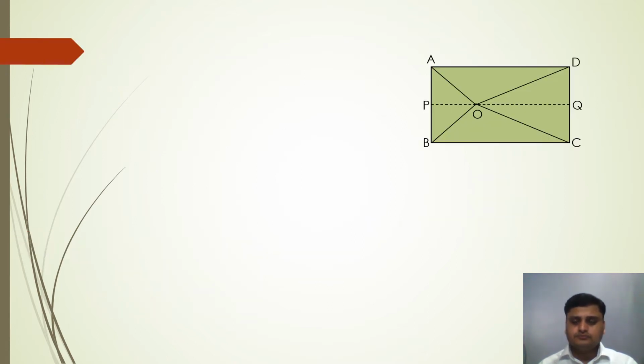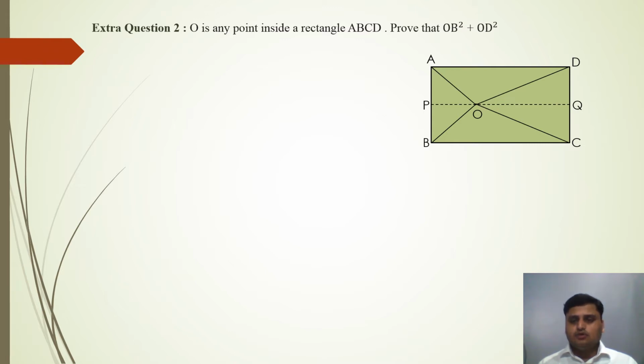How to solve the other question? In this question, you can all see this figure. This is the extra question number 2 which I have taken, and it is given that ABCD is a rectangle and O is a point in the interior of ABCD. O is any point interior to that rectangle ABCD. We need to prove that OB square plus OD square is equal to OA square plus OC square.